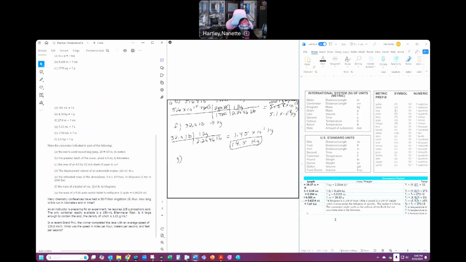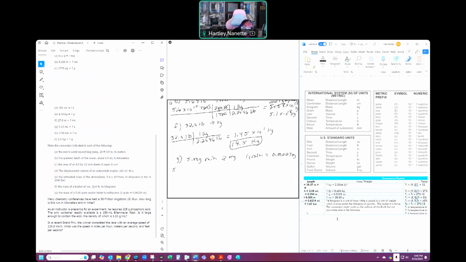G, the mass of a 5.00 grain aspirin tablet to milligrams. And I know that 1 grain equals 0.00229 ounces. Again, I don't know where to start. So if I don't know where to start, I just go with what I do absolutely know.